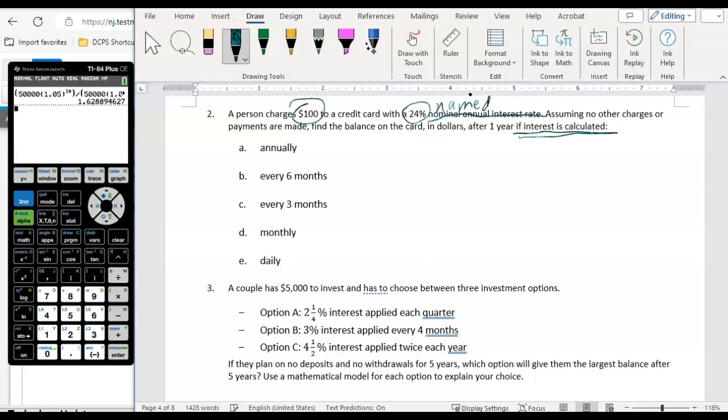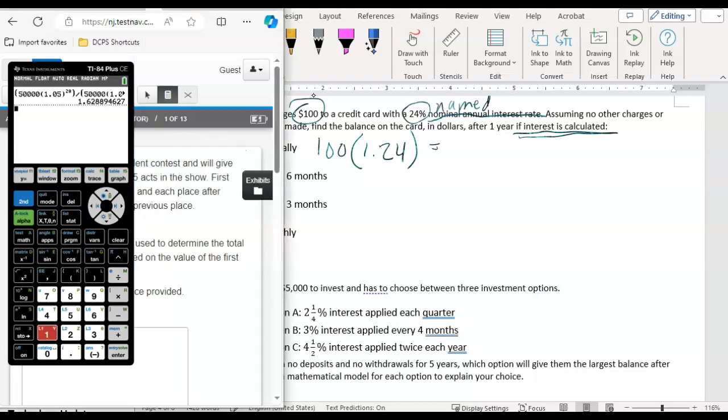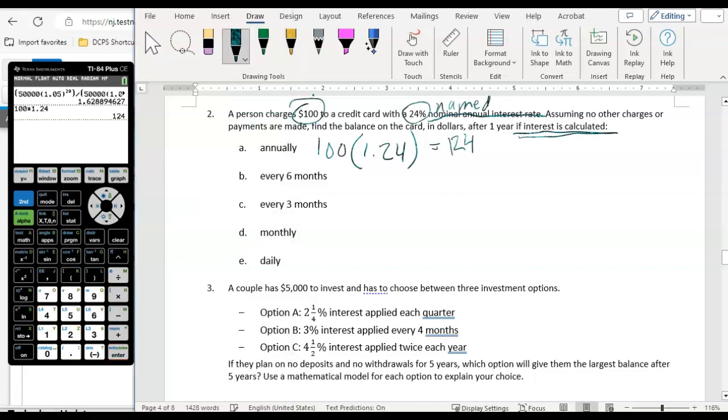Okay. So if it's annually, it's 100 times 1.24 to the power of 1, right? It's happening one time, where I do have a 24% for that year. So we have $100 times 1.24, which is going to be 124.